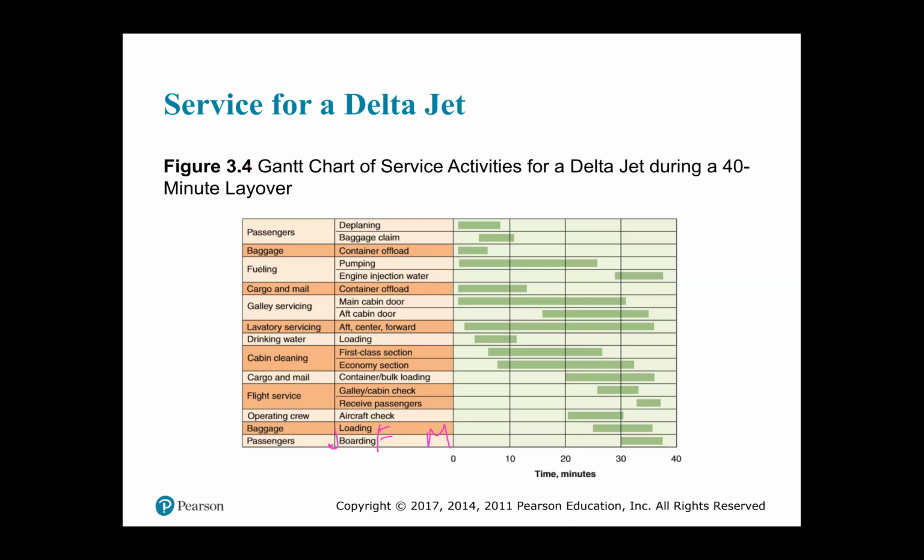So if you look at this Gantt chart here, the bottom portion of the Gantt chart is where I said I prefer the time is set. You see the time in minutes.